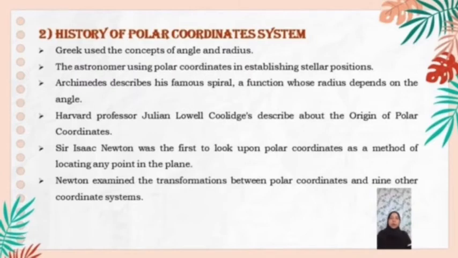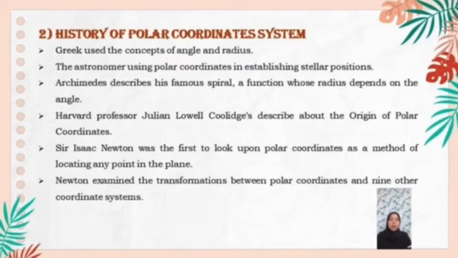Next, we go to history of polar coordinates. It is known that the Greeks used the concept of angle and radius. There are various accounts of who first introduced polar coordinates as part of a formal coordinate system. The full history of the subject is described in Harvard's Professor Julian's Origin of Polar Coordinate System.